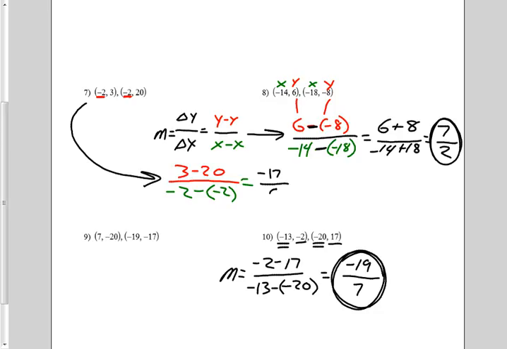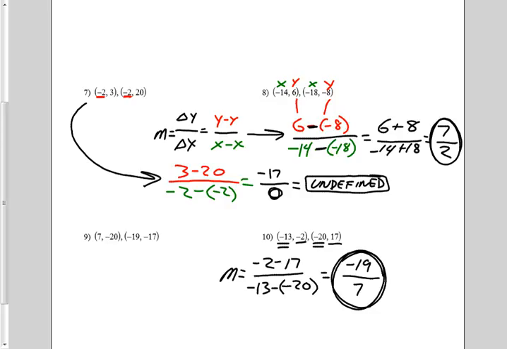And that right there tells me, wait a minute, that slope is undefined. If it was 0 over negative 17, that would be a slope of 0.